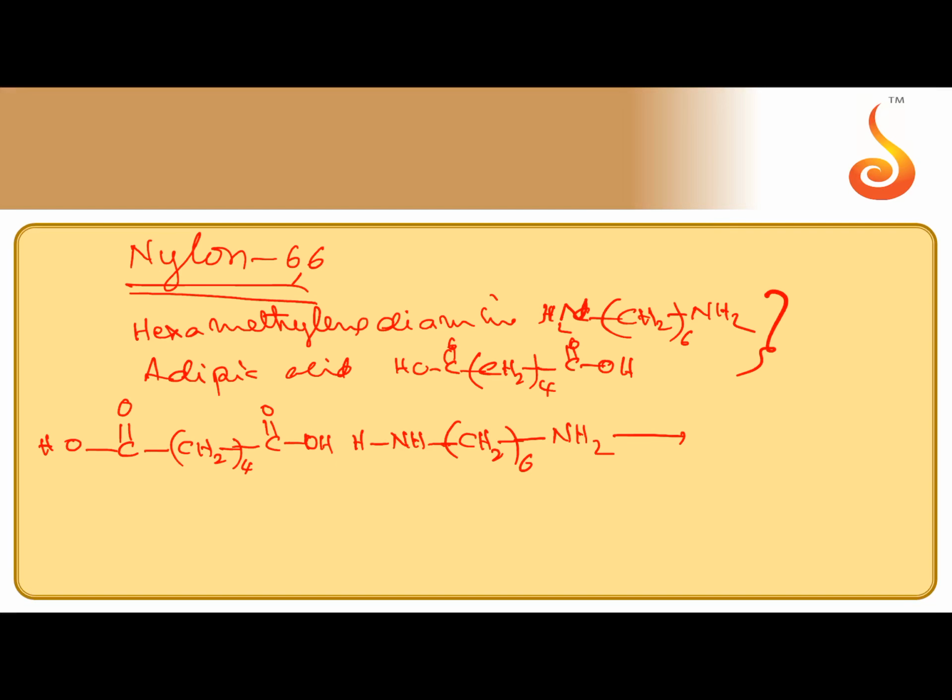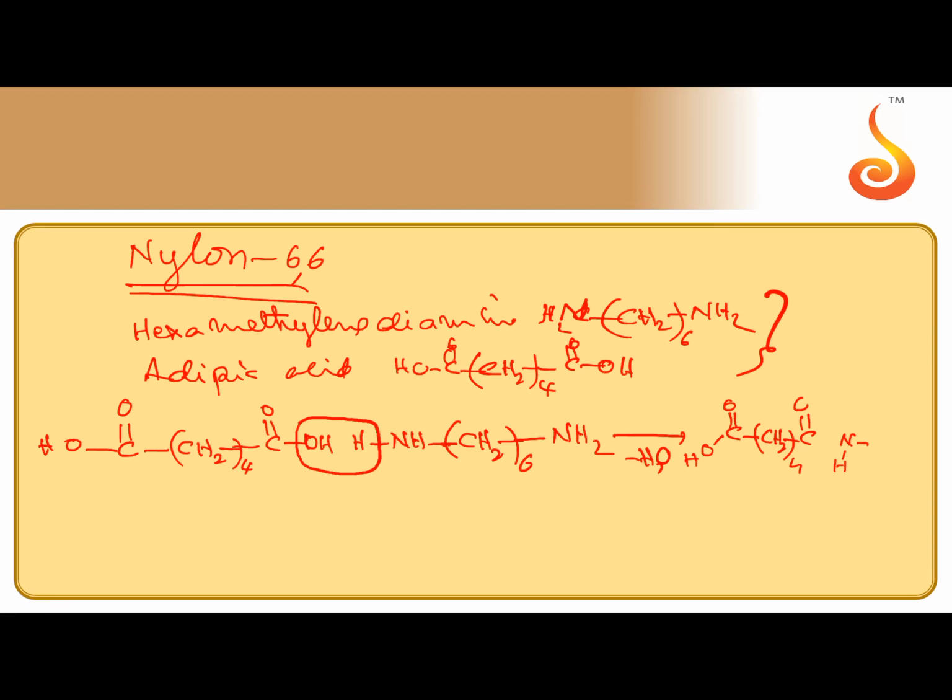So during the polymerization, what happens? OH of carboxylic acid, H of NH2 get connected and form H2O. H2O is eliminated. So COOH, CH2 taken 4, CO remains present.